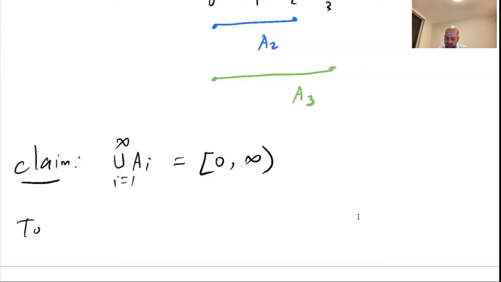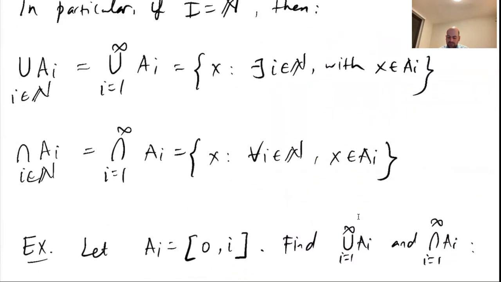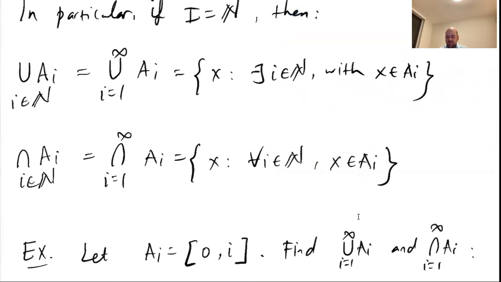So to prove the claim, let's say X belongs to the union of AI, I from 1 to infinity. Then by the definition of generalized union, what can I say? What was the definition of the union of AI, I from 1 to infinity? The set of all elements X where X belongs to at least one of the AIs.